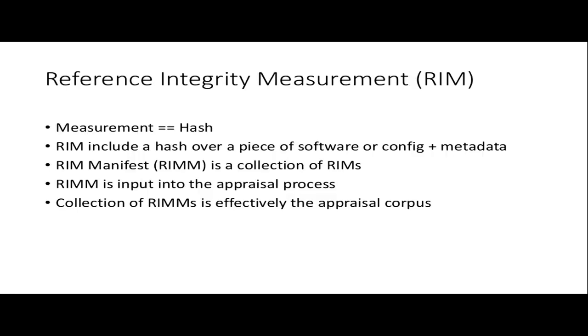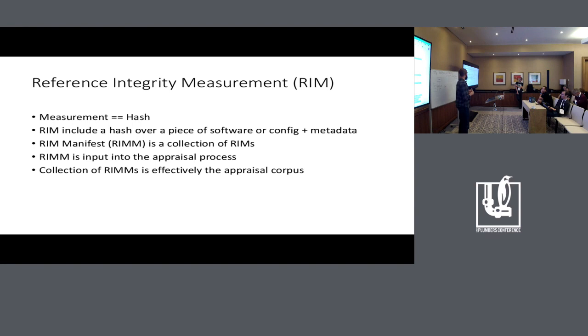So this brings up the topic of a reference integrity measurement, and there was already some discussion here today about the RATS effort in the IETF. There's similar work going on in the TCG. My understanding is that they're working together. I hope that's successful. And I'm trying to get into it now, which is pretty interesting. But for the most part, measurement is a fancy way to say hash. It sounds a lot smarter.